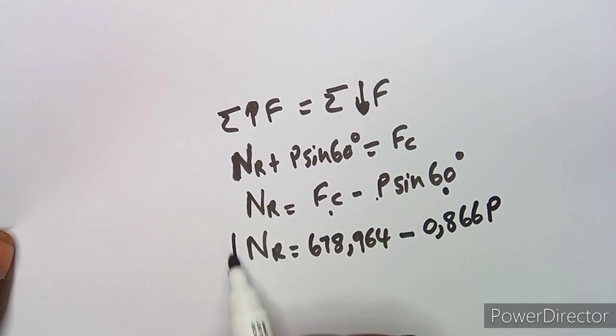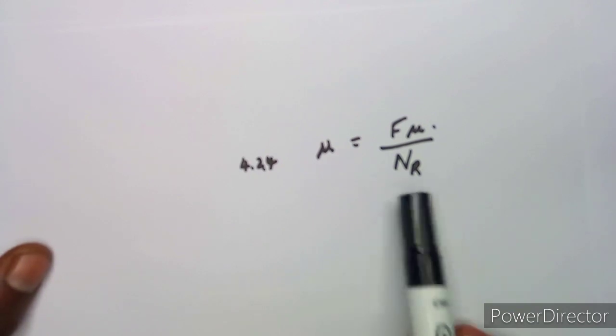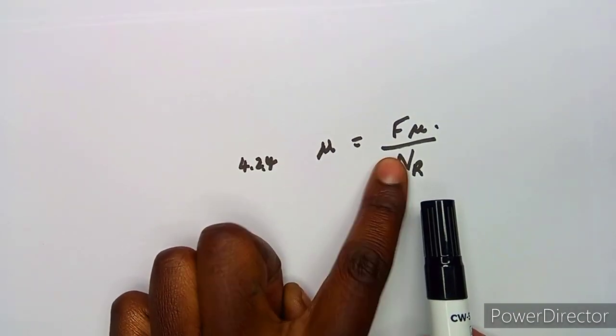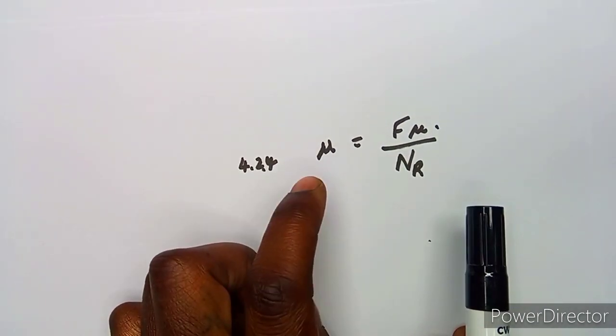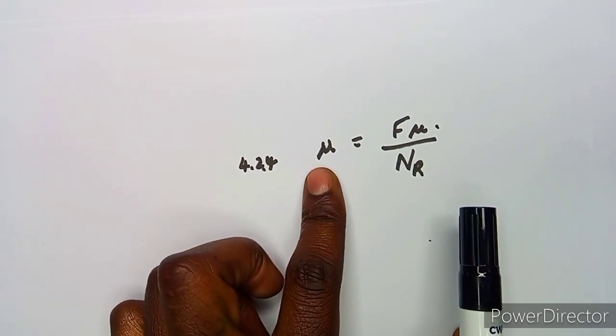All right, so our normal reaction is there in terms of p, our frictional force is there in terms of p. So let us now come back and apply this concept, because we now have the frictional force and the normal reaction in terms of p, and also the coefficient of friction, which is 0.4.